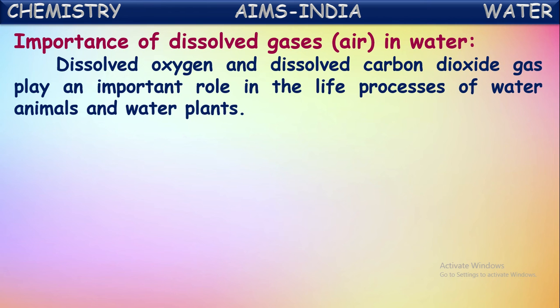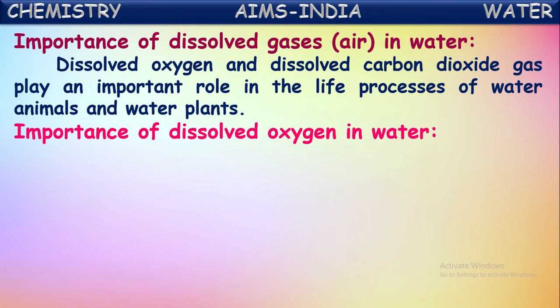These water animals and water plants, nothing but the animals and plants which are living under the water, are also called aquatic animals and aquatic plants. Aquatic means water living plants and water living animals. Okay. For these aquatic animals and aquatic plants, this dissolved oxygen and dissolved carbon dioxide are very important.